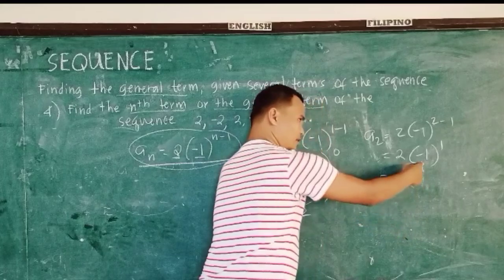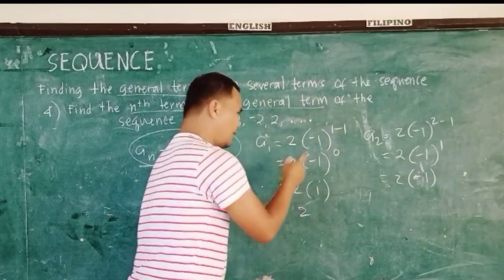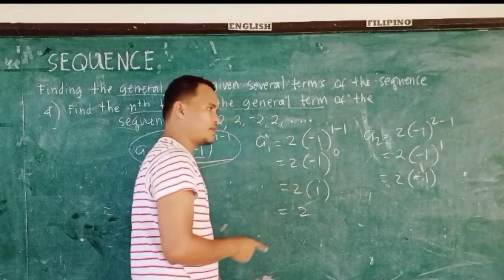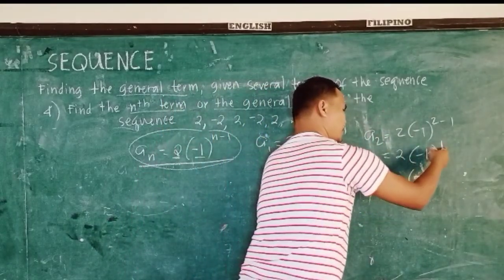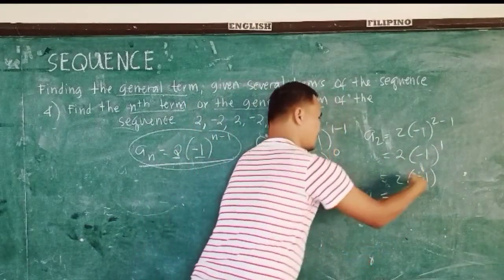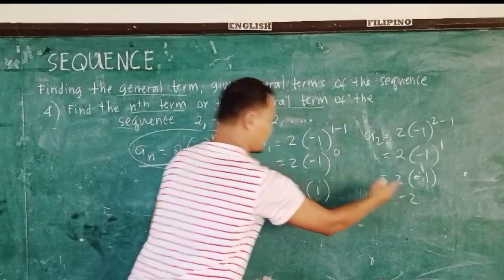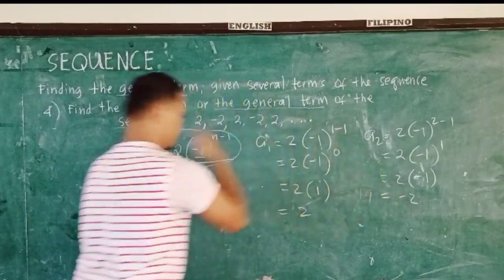Any number raised to 1 is the number itself, that's negative 1. Here, any number raised to 0, the result is 1. Any number raised to 1 is always the number itself. That's negative 1. So 2 times negative 1 is negative 2. Is the second term the same? Yes, they are the same.